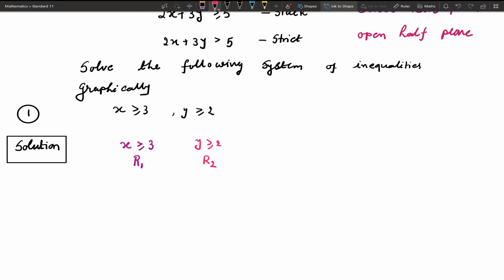Then the solution will be R1 intersection R2, the common portion, which denotes the required solution region. We denote it by R.